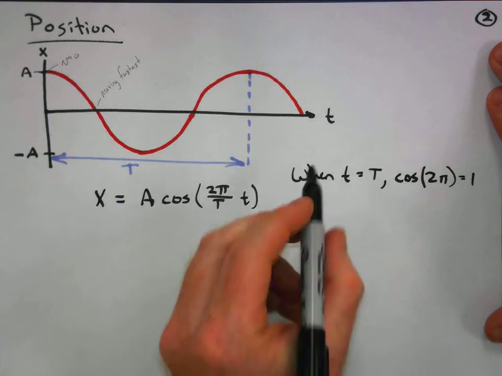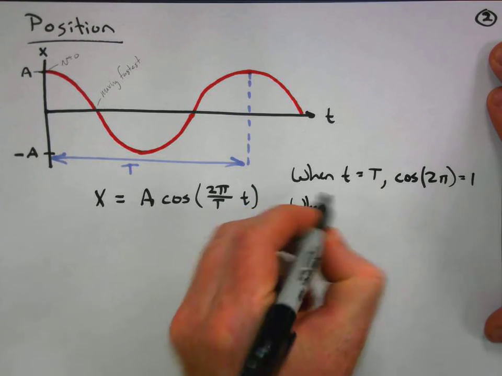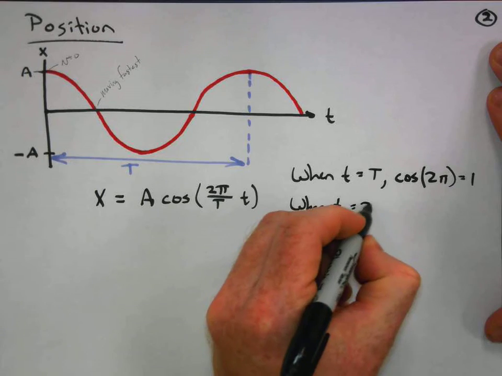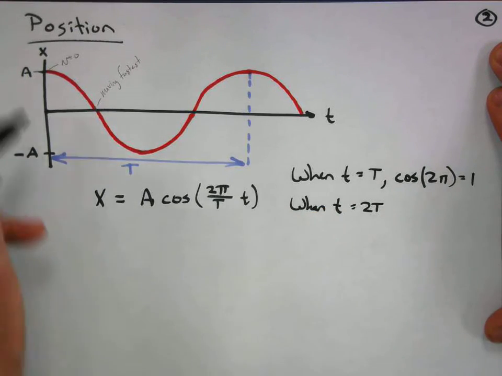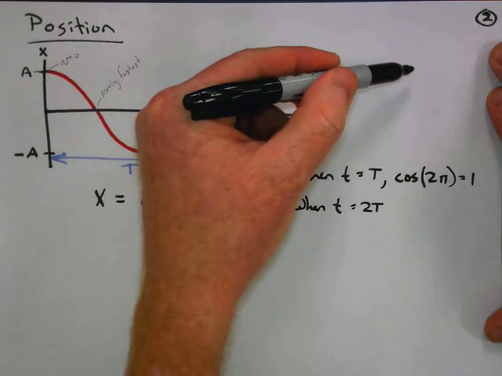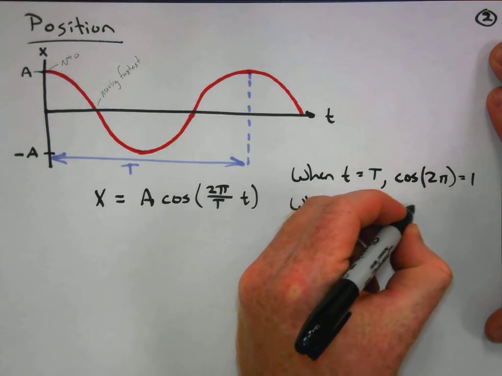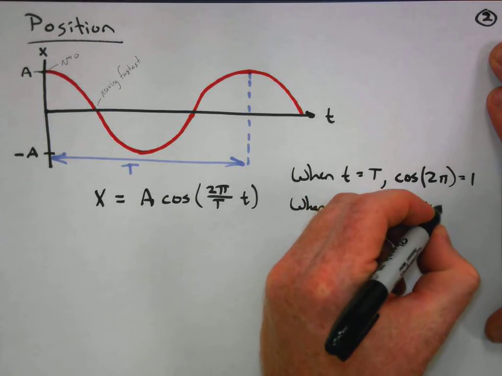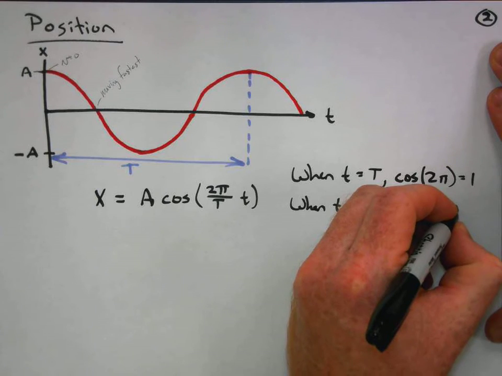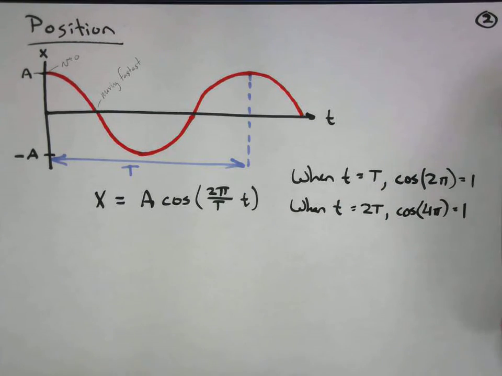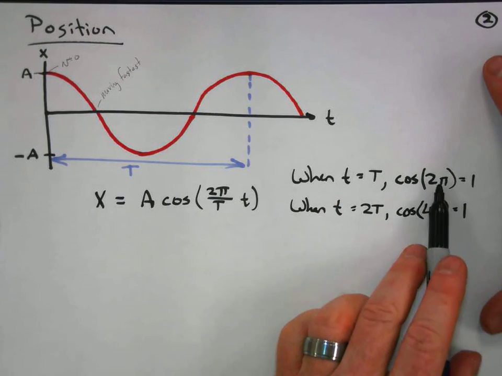What about when the time is twice the period? So it's gone through one complete cycle and then a second complete cycle. Then you're taking the cosine of 4 pi. And that's still 1, isn't it?